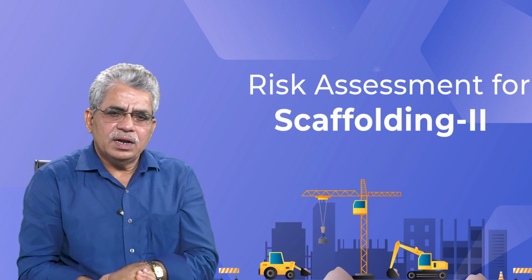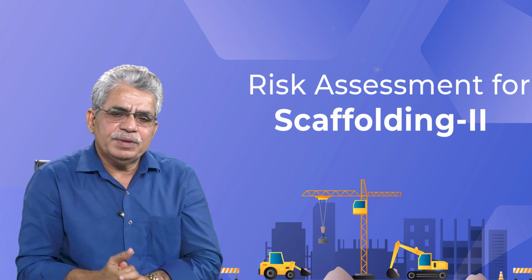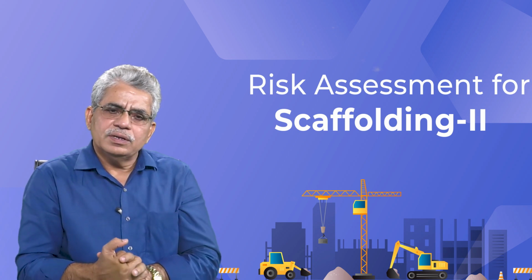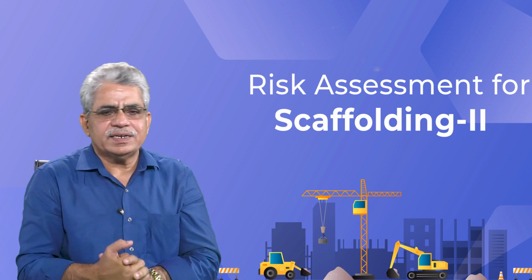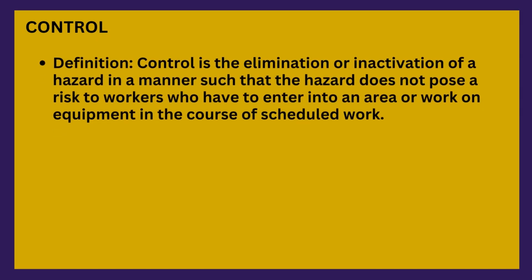Now, control. What is control? And what are the control measures that may be taken for reducing the risk? Control can be defined as the elimination or inactivation of a hazard in such a manner that the hazard does not pose a risk to workers who have to enter into an area or work on equipment in the course of scheduled work.